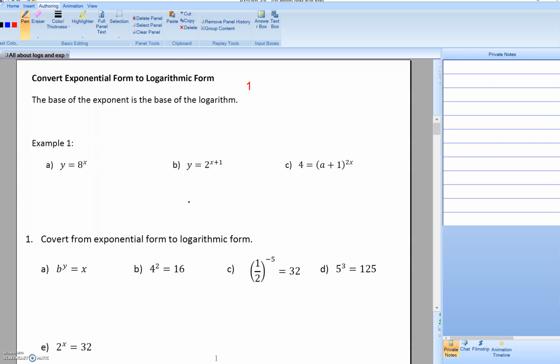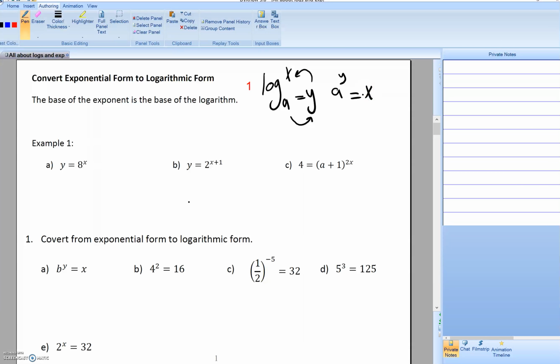So for this kind, where I want to go from exponent to log, I have to remember that when I say log x base a is y, it means a power y is x. So now I can change.